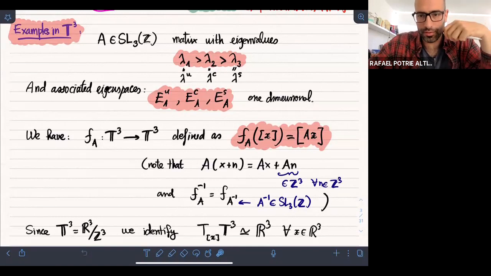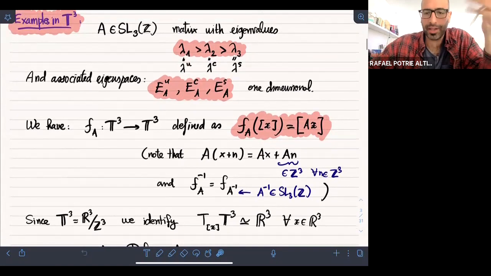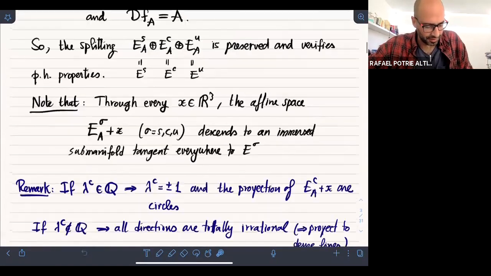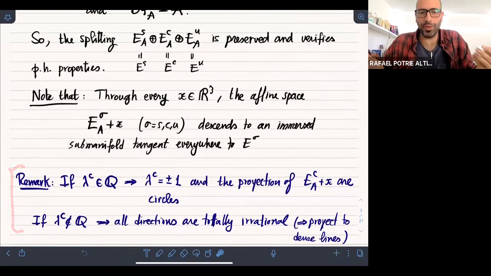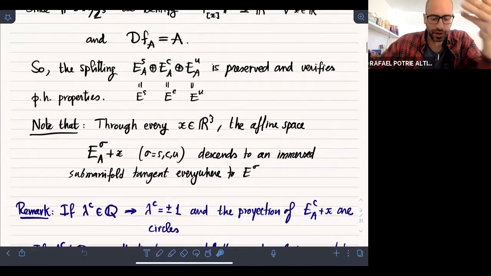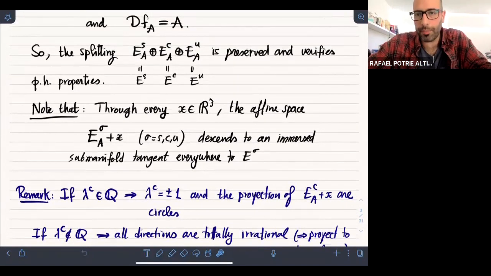But it's an algebraic property. I'm just stating this as a fact. In principle other things could happen for automorphisms in higher dimension, but there are some algebraic restrictions here, and that's it. Okay, thank you.